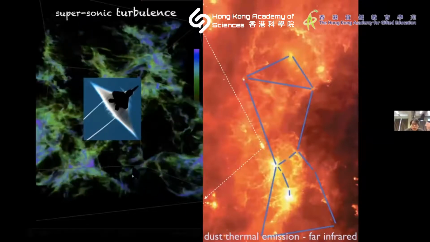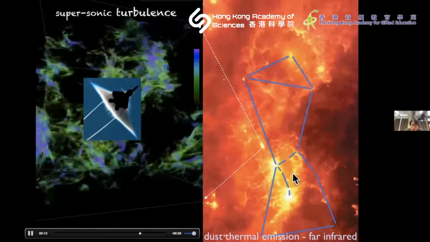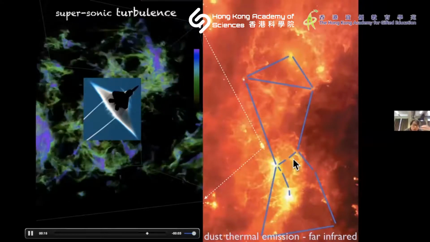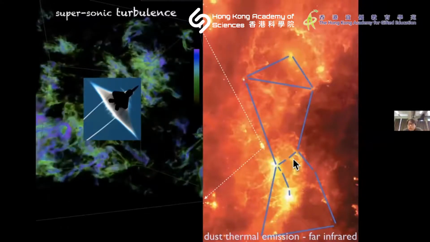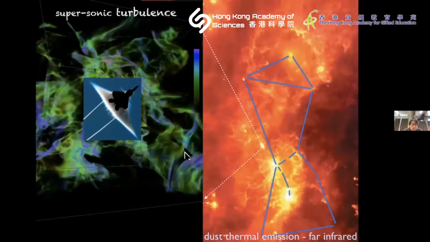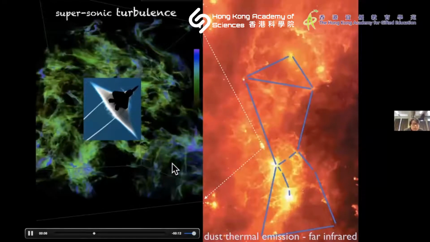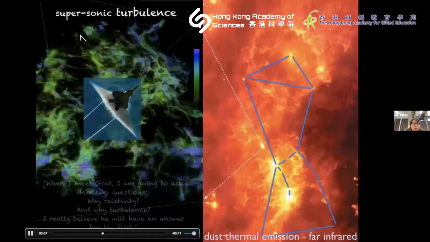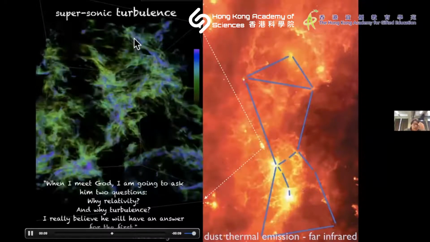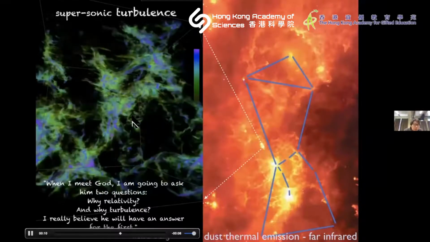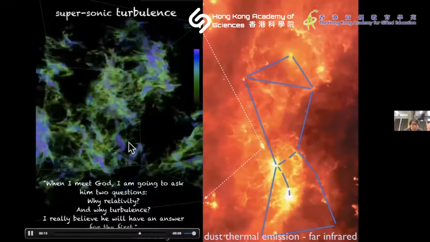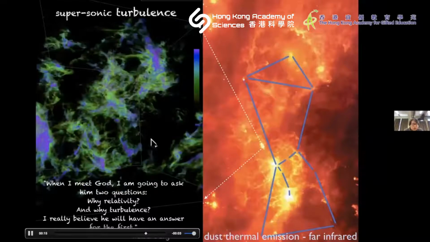So this discovery can first explain why this cloud does not disappear after a million years, because they're moving so fast. They are not falling onto each other. And this is called supersonic turbulence. You can see it's very complicated, so it's very hard to understand the behavior.